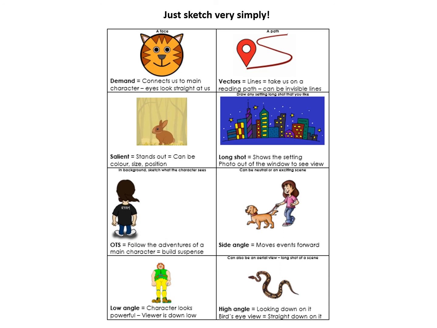We do a demand, we all look at it, and so on, because we do the OTS because we have to have the back of their hair and their shoulders, but there has to be enough space in the image that we can see, looking from behind them, all the good things that they see. So we can't take up the whole of this grid just there. The OTS character has to be down kind of low enough so that we can see what that character is seeing.